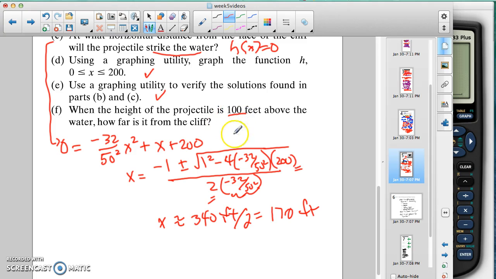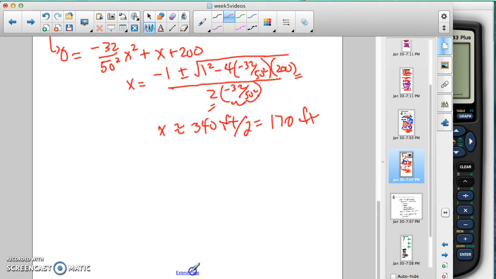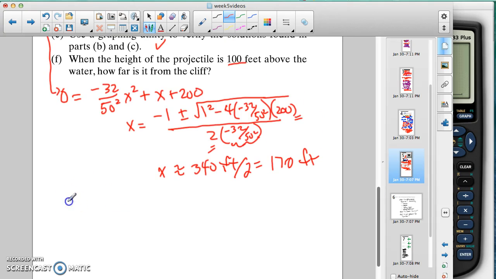We can use our graphing calculator to help us find that answer. What we're really doing is looking at when the height is 100 feet. So we're looking at this equation, plus x plus 200.